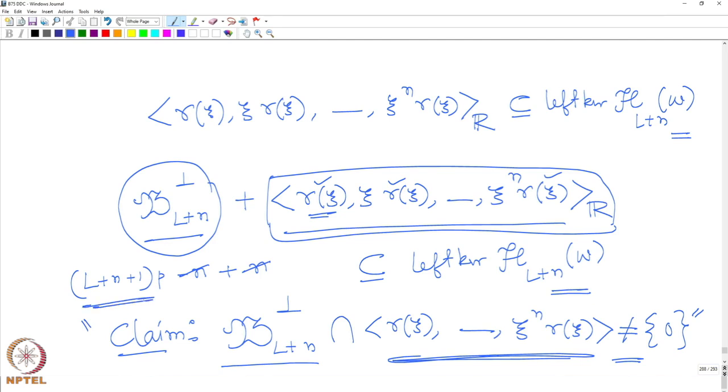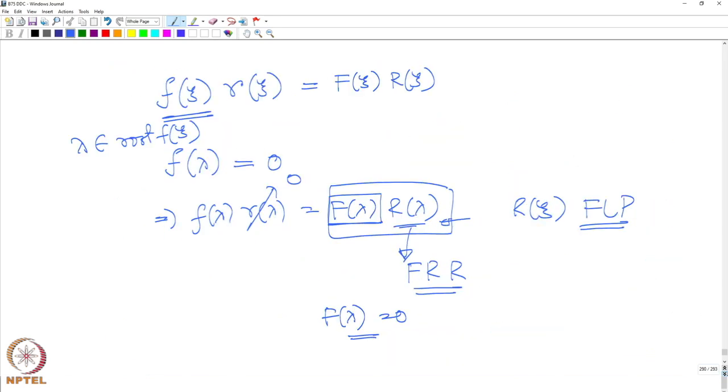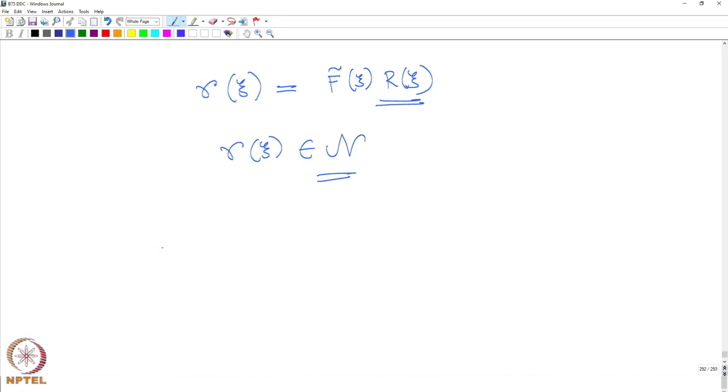Okay. Can we compare it with the dimension of this guy? What is the dimension of the left kernel of H L plus n W? What is this size?